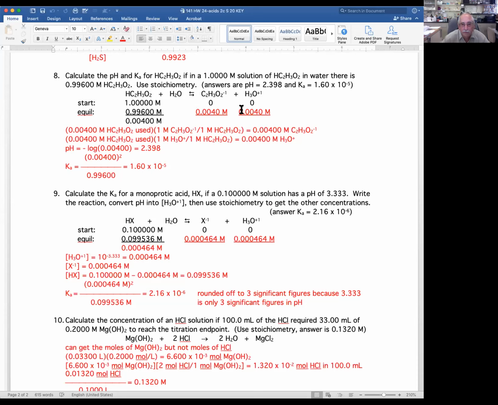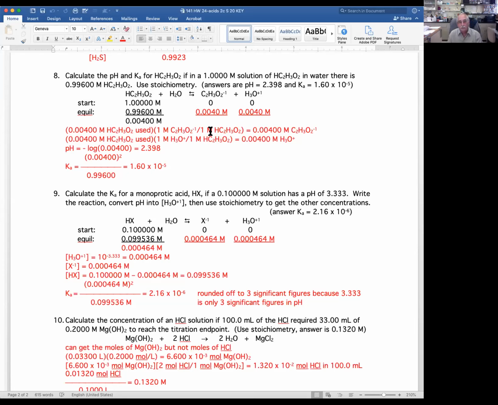These numbers would have to be the same, right? It's just stoichiometry. So here I'm showing you the stoichiometry. So we got the moles per liter of acetic acid used. I want to convert that into moles per liter of acetate, get rid of moles per liter of acetic acid. And that's simply the stoichiometric conversion factors that are 1 to 1.